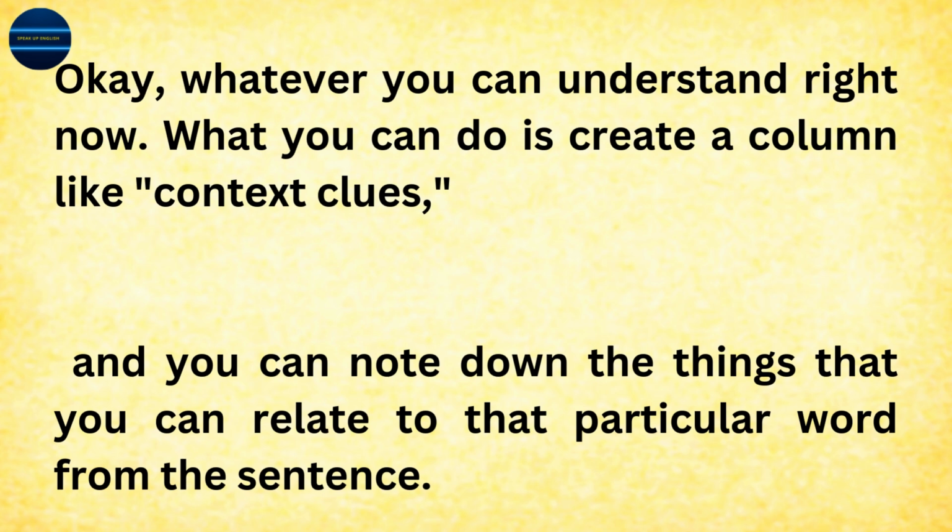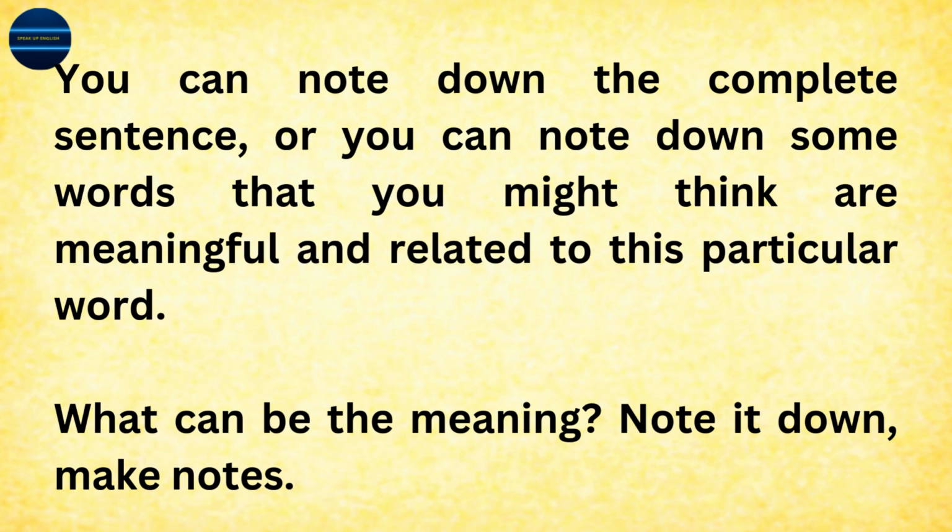What you can do is create a column like context clues, and you can note down the things that you can relate to that particular word from the sentence. You can note down the complete sentence, or you can note down some words that you might think are meaningful and related to this particular word. What can be the meaning? Note it down.